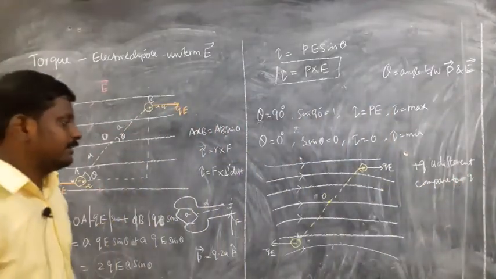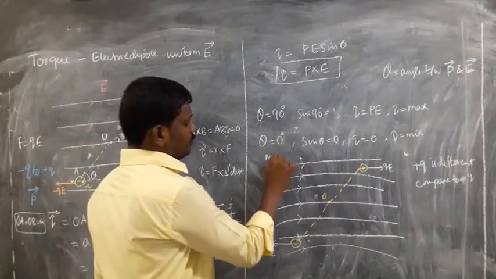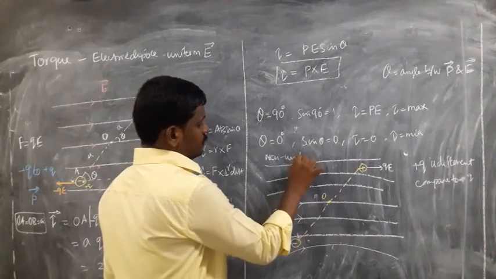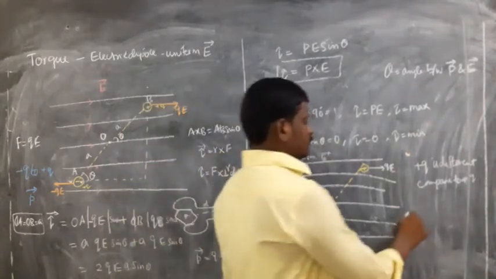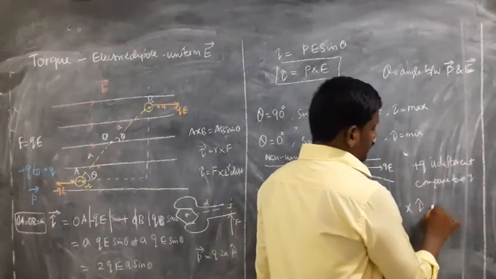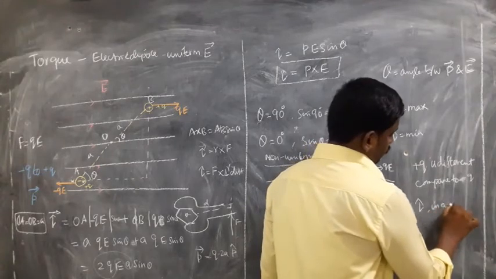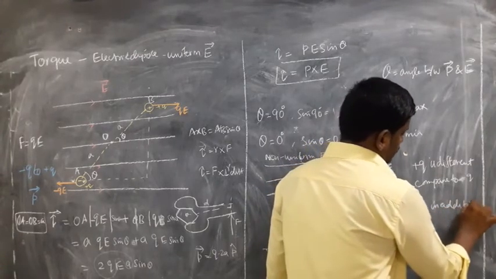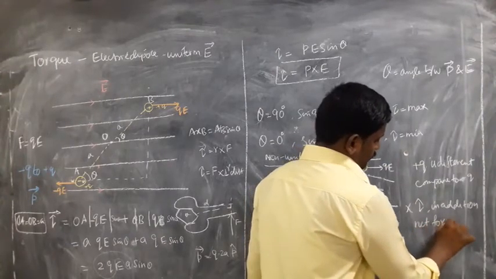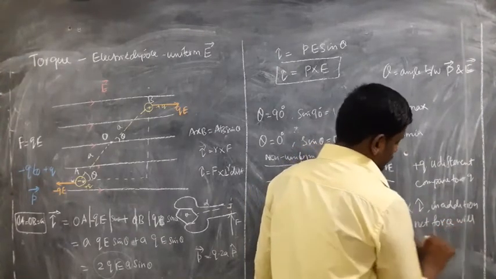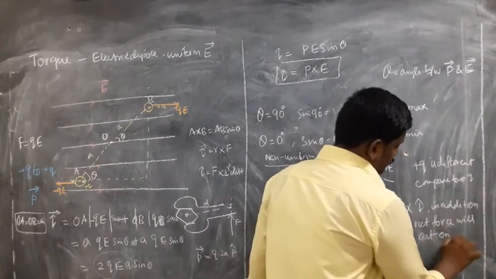So if an electric dipole is placed in a non-uniform electric field, we observe a torque, and in addition to the torque, a net force will act on the dipole.